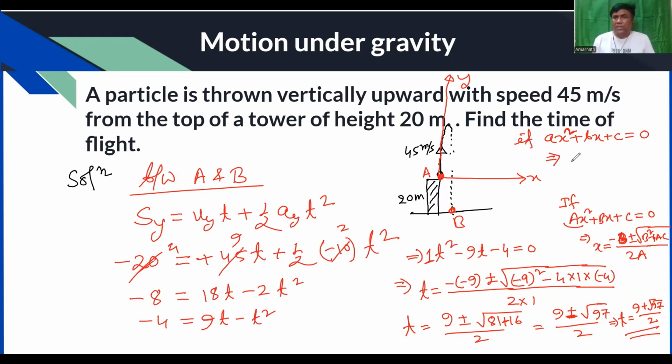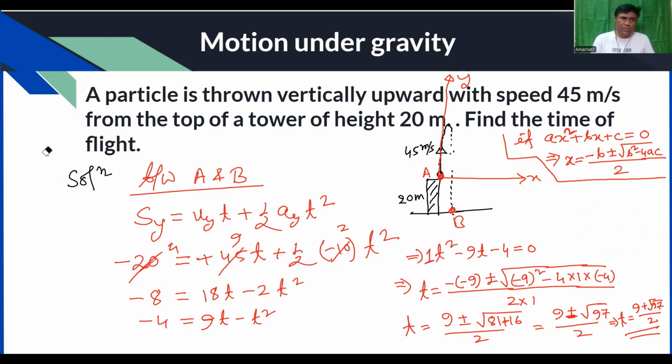And its solution is that the x value always comes as minus b plus minus square root of b square minus 4ac, by 2a. Okay. I am not going into the derivation of this equation, but I am going to show just how to apply it.